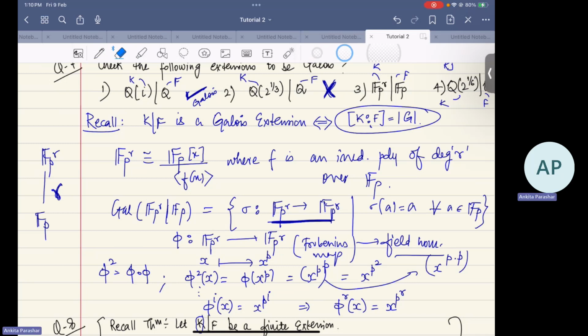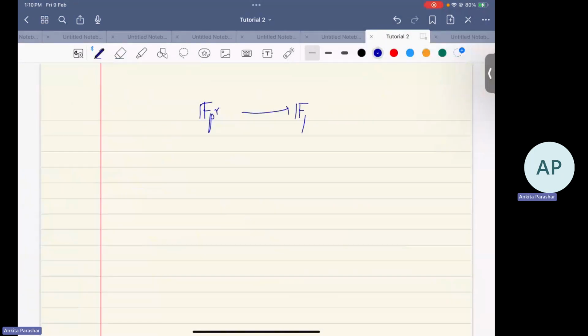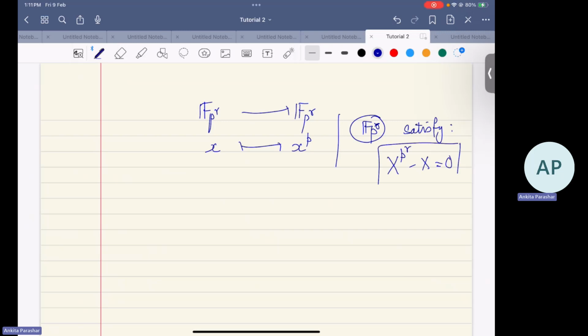So maybe I'll add one more page, we will do it there. So from F_{p^r} to F_{p^r}, we are having this map x going to x^p. Moreover, every element of F_{p^r} is a root of the polynomial x^(p^r) - x. This is again by the construction of the field, we know this.